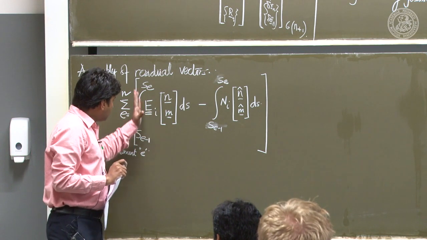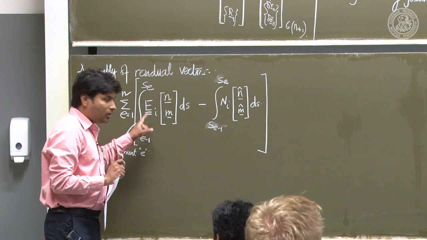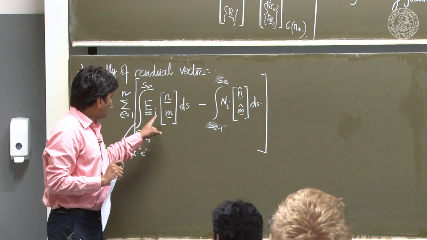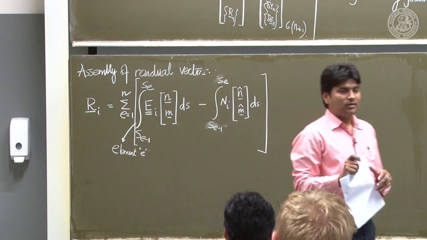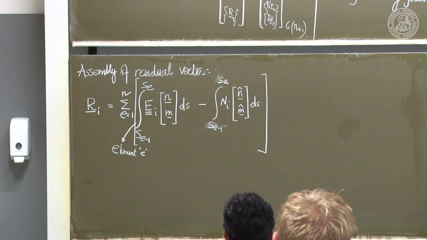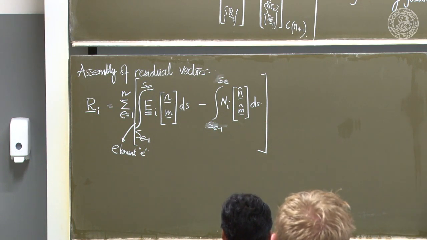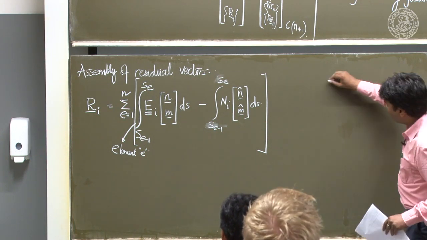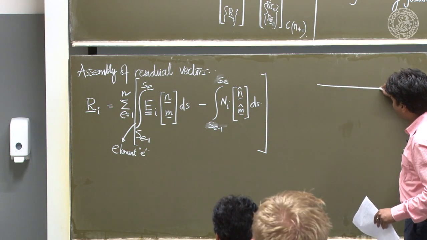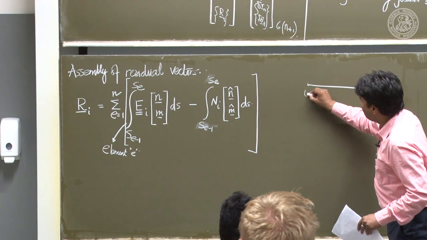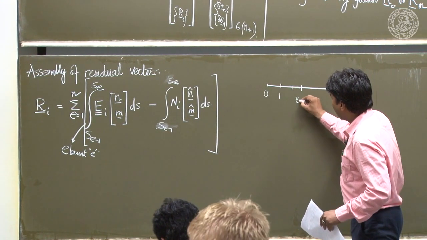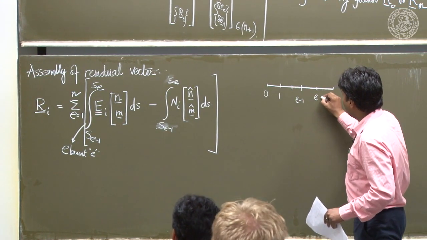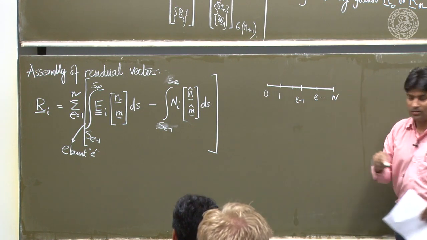When I am doing the integration over the element e, not all the shape functions are active there, isn't it? What shape functions are active there when you are over the element e? 0, 1, e minus 1, e to little n.